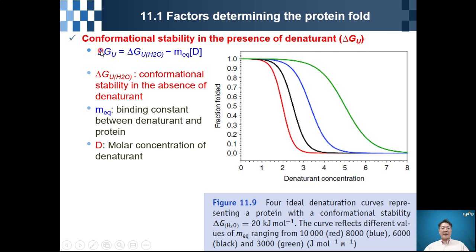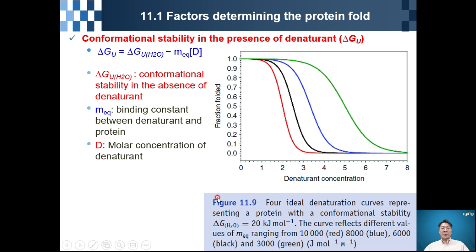Delta GU equals delta GU H2O minus MEQ multiplied by D. What is delta GU H2O? It means the conformational stability in the absence of denaturant. Sometimes we just write delta G H2O, which has the same meaning.